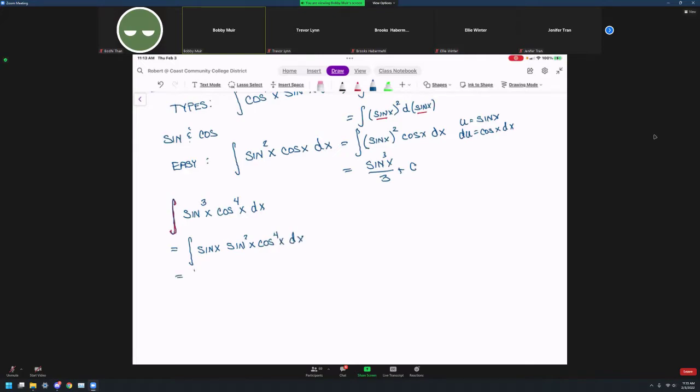And then do this: change sine squared to 1 minus cosine squared x.